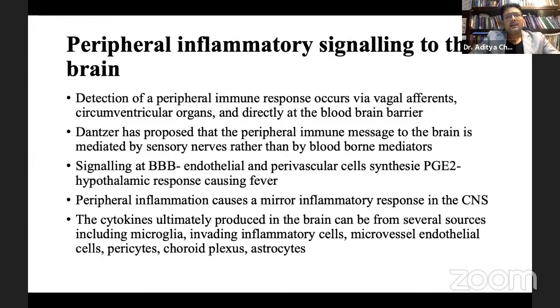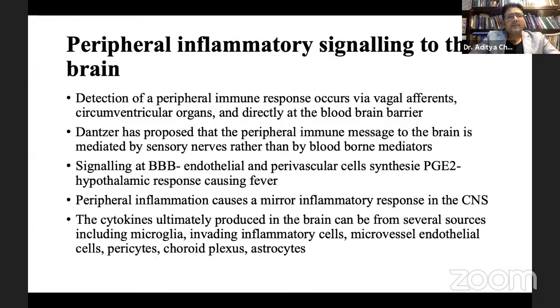However, there are diseases like septic encephalopathy, where peripheral sepsis also causes some changes and responses in the CNS. So this peripheral inflammatory signal transmits to the brain, and thus we have an increase in certain cytokines in patients who are in sepsis, thus leading to septic encephalopathy.